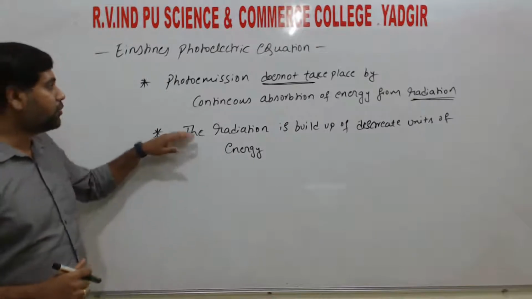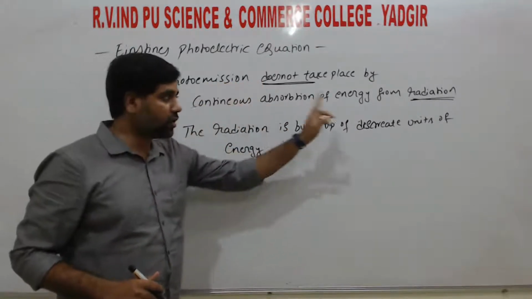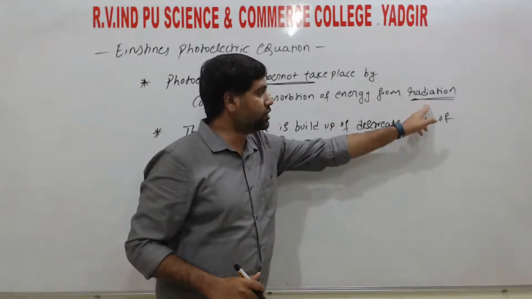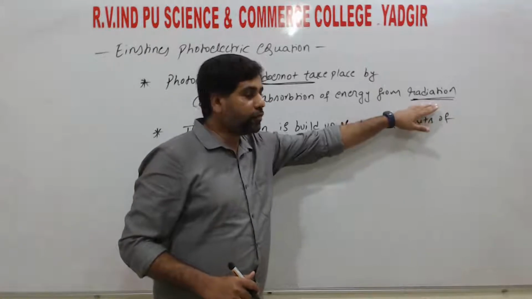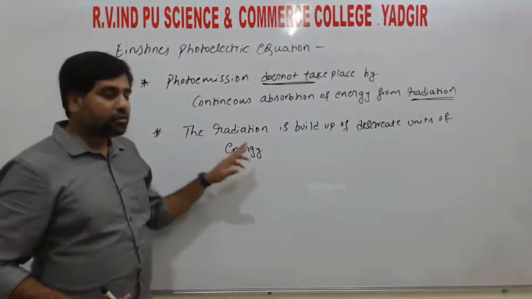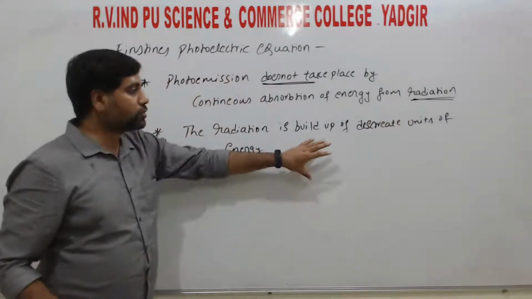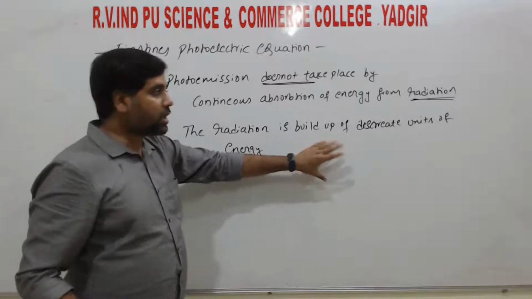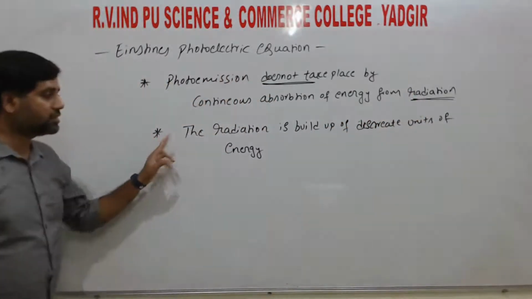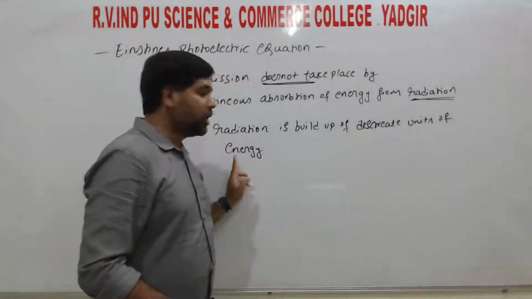Again, first he says that photoemission does not take place by continuous absorption of the radiation. For that he says that this radiation is built up of discrete units of energy. Discrete units are nothing but packets of energy. Several packets of energy combined together give us the radiation.